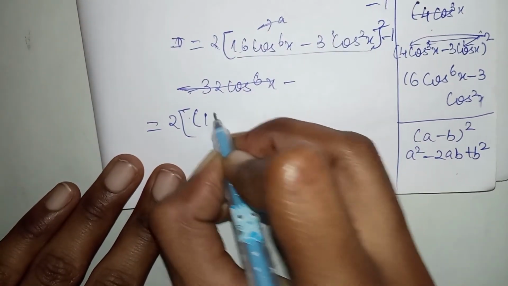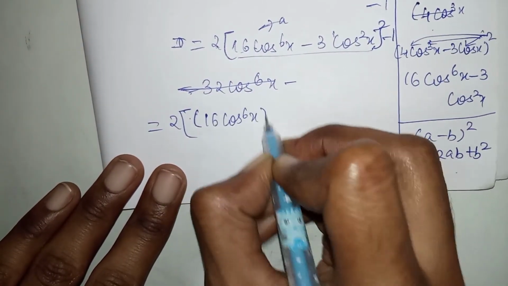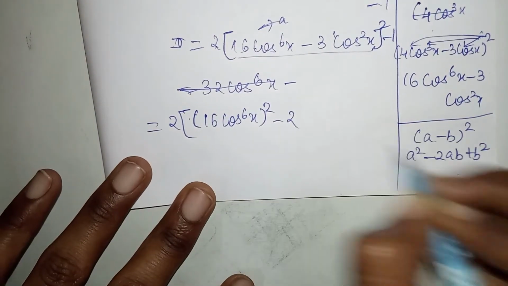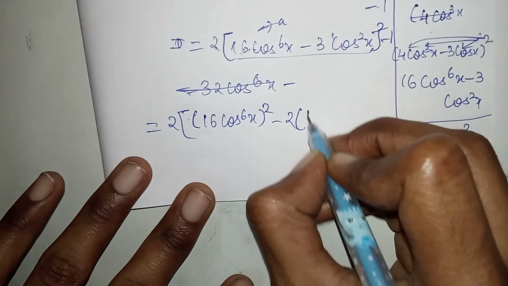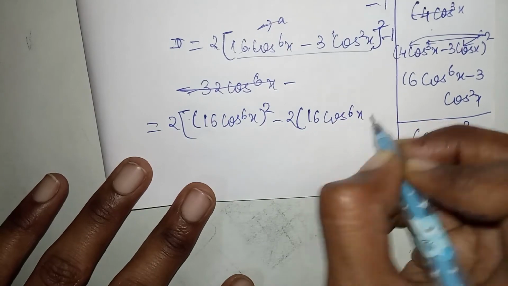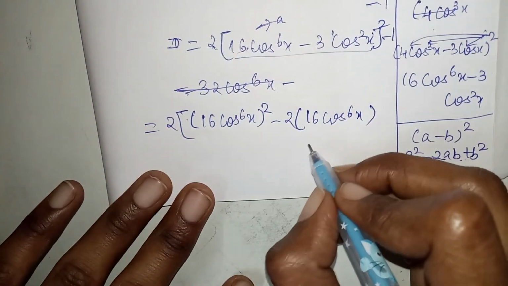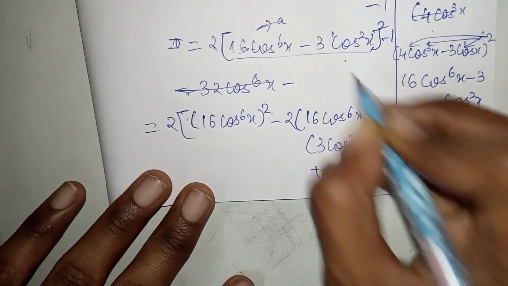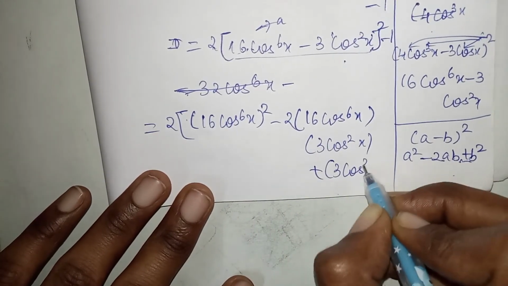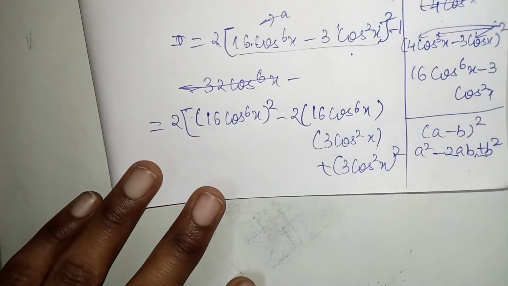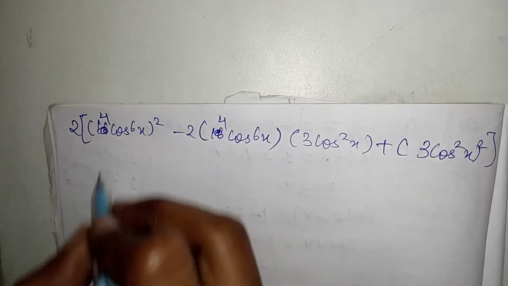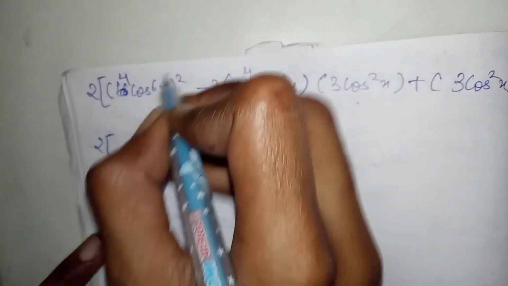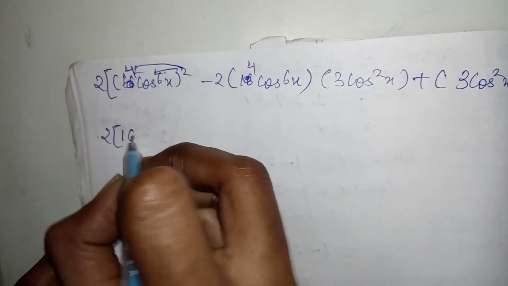So a is 16 cos power 6x whole square minus 2 times a, this 16 cos power 6x, times b, 3 cos square x, plus b, this one, 3 cos square x whole square. So we can see over here, the square belongs to 4 also. 4 square is 16.